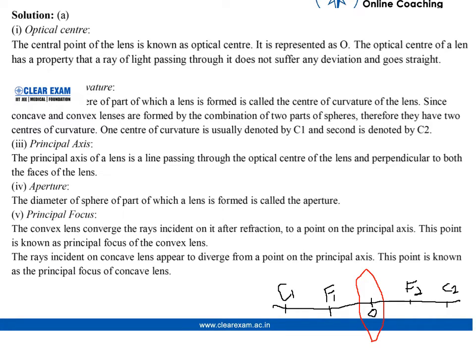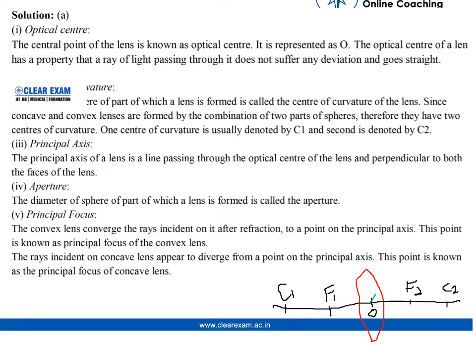Okay, so first of all, let's understand optical center. So optical center is the center point of the lens. So here this point O is the optical center of the lens, because it is generally represented by O. The optical center of a lens has a property that a ray of light passing through it does not suffer any deviation. Let's draw it.